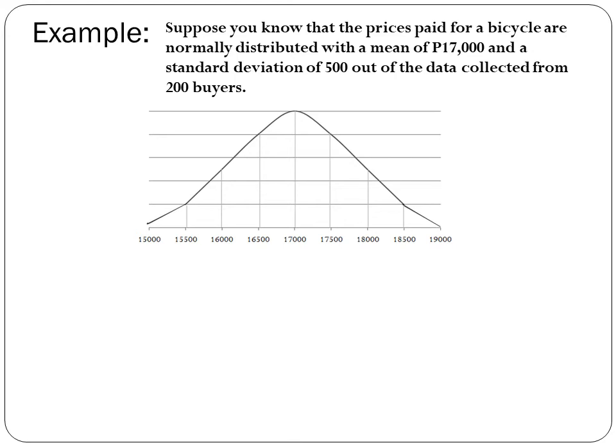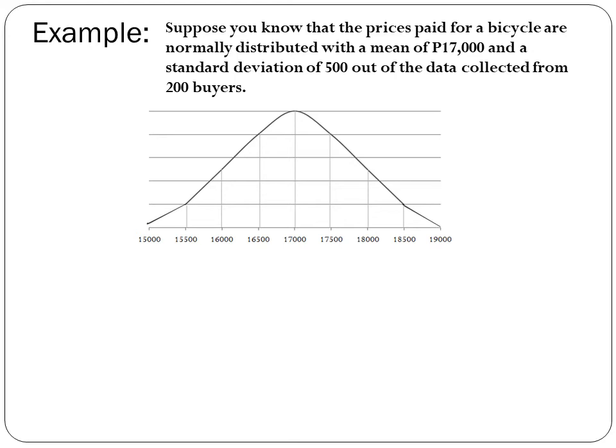At the very center is 17,000, that represents the mean. So the centermost, again, one of the properties of the normal curve or normal distribution is the mean is at the center. So probably this is also the median and the mode if you are going to compute for the other measures of central tendency.